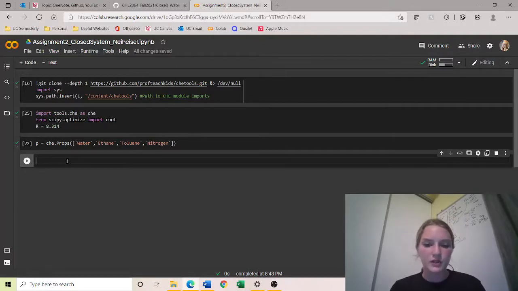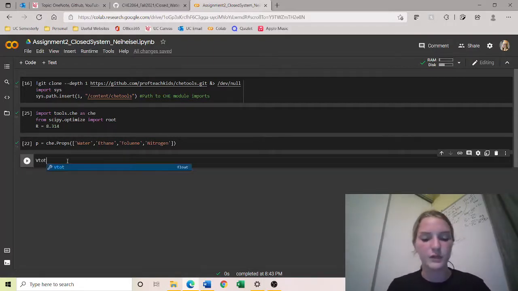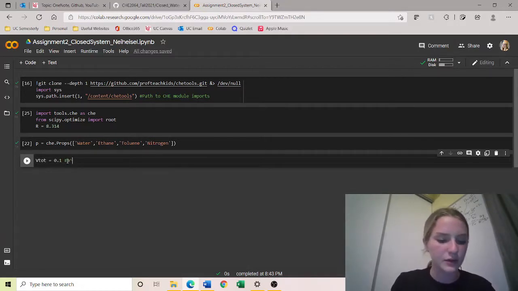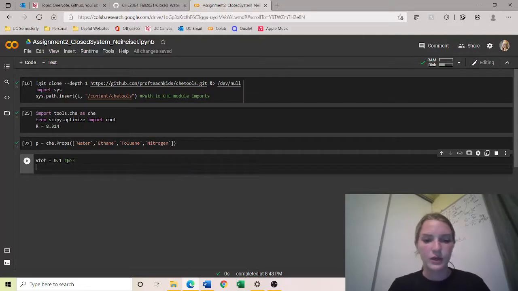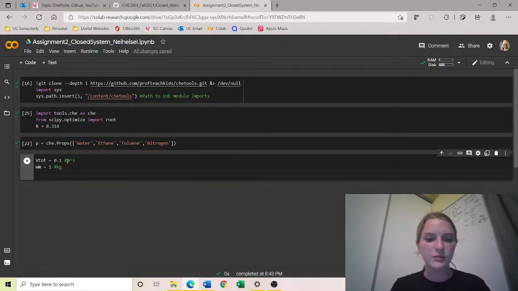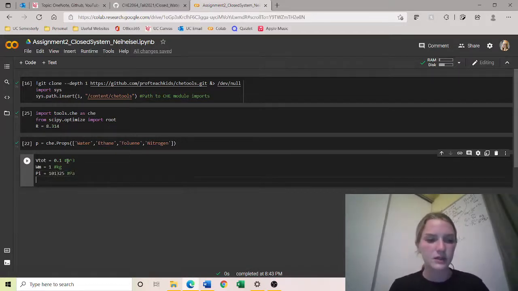So now we are going to start initializing all of our values for our specific problem. So we're going to have V total equals 0.1, and this is meters cubed. We are going to have the water mass, which is equal to 1. So this is kilograms. And we're going to have the initial pressure equal to atmospheric pressure. This is in pascals.